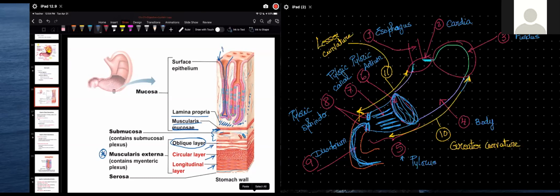The mucosal lining is arranged in pits, as you see on here. The other main difference compared to the general diagrams that we've seen is the presence of an extra muscle layer, which is the internal oblique muscle layer. All right, this diagram is a three stars diagram.